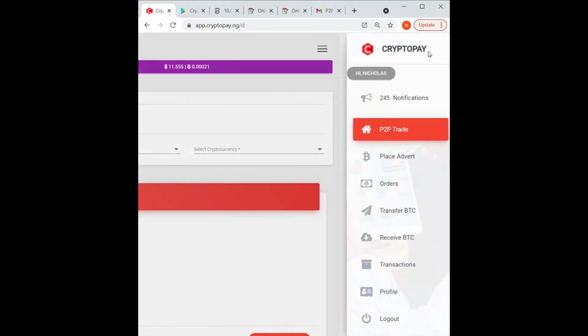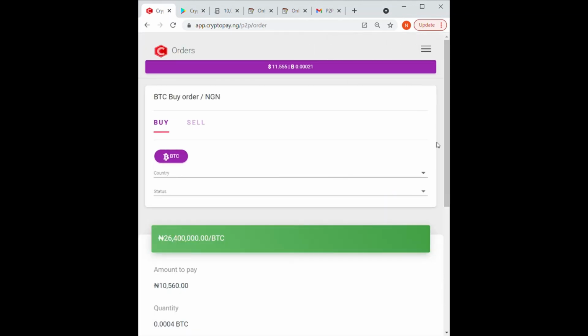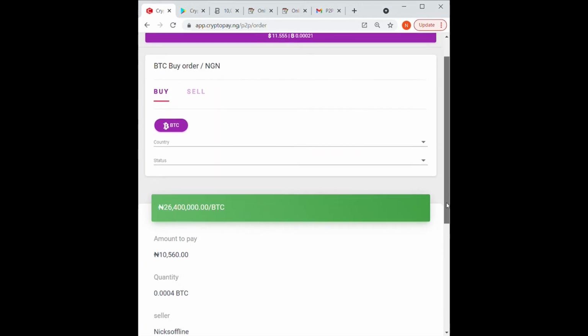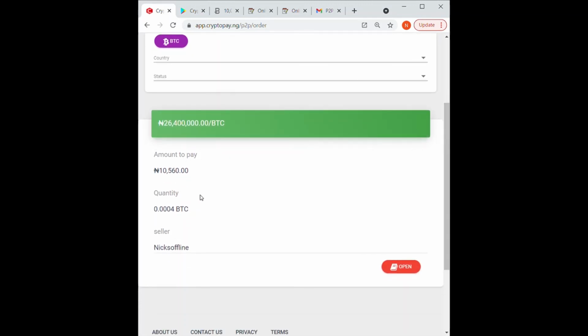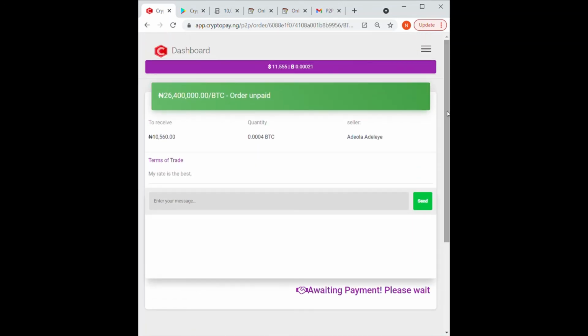So you can click on this link directly to open the chat, or you can go through the app, go to menu, you go to orders, scroll down. This is for buy, which means there's someone who wants to buy this amount of Bitcoin from you. You can see open here. You click on open and a chat comes up.